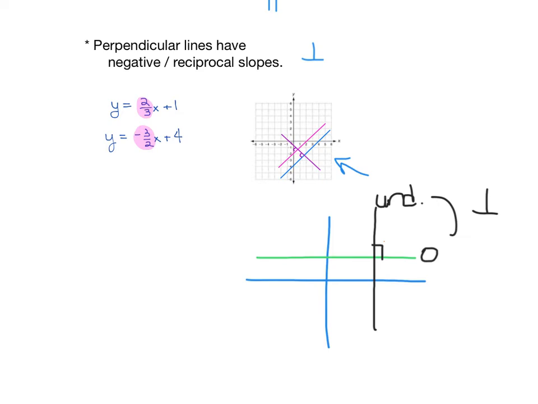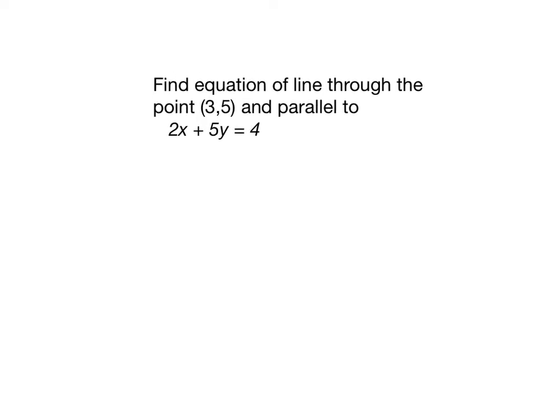So let's go ahead and try and work with this information that we just learned. It's asking us to find an equation of a line through this ordered pair, 3, 5. So this is going to be my x1, y1. But it wants us to make sure that our line is parallel to this one. Notice this equation is in standard form.